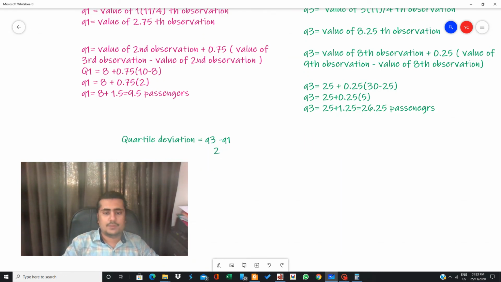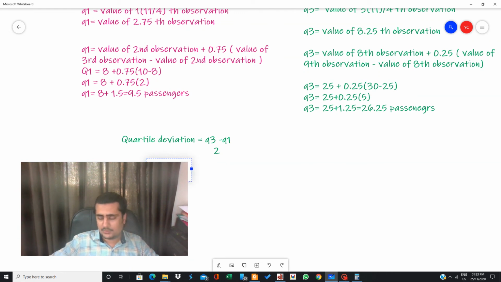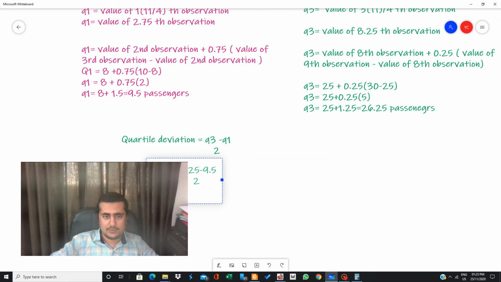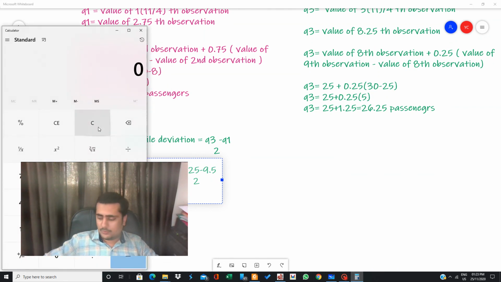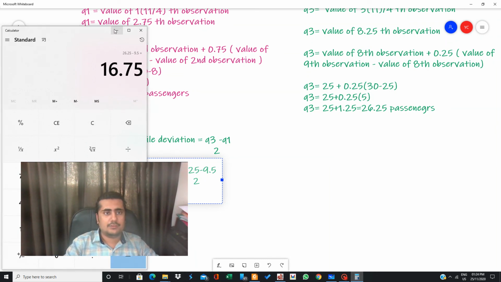Quartile deviation is Q3 minus Q1 upon 2. So quartile deviation is, what is Q3? It's 26.25 minus Q1 9.5 upon 2. 26.25 minus 9.5, that is 16.75.